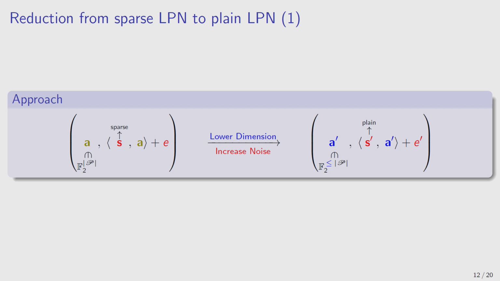The approach is to transform our starting LPN samples into some other related LPN samples, but of lower dimension. This comes at the cost of increased noise, but you transform this problem into another problem where the new secret, s prime, is related to the older secret s.